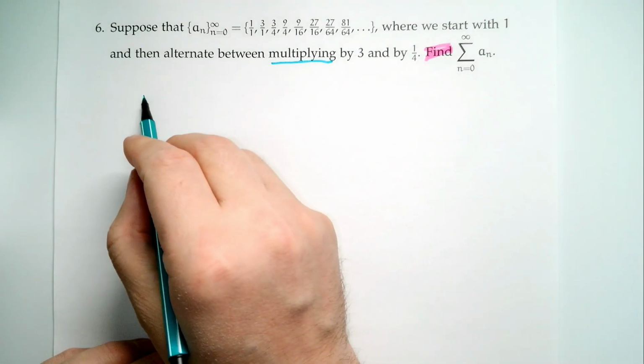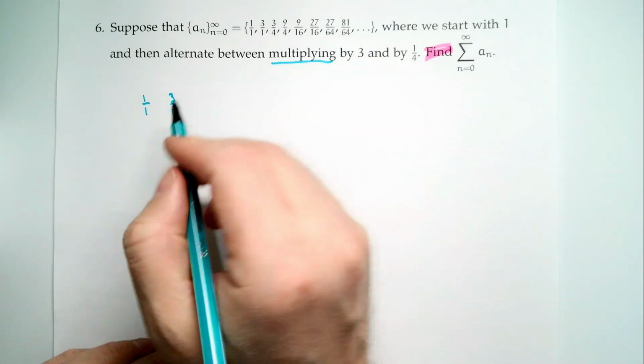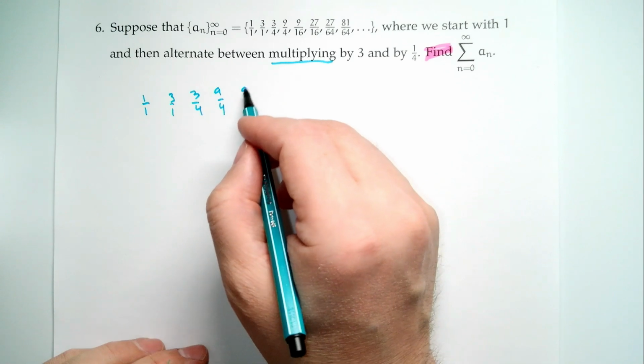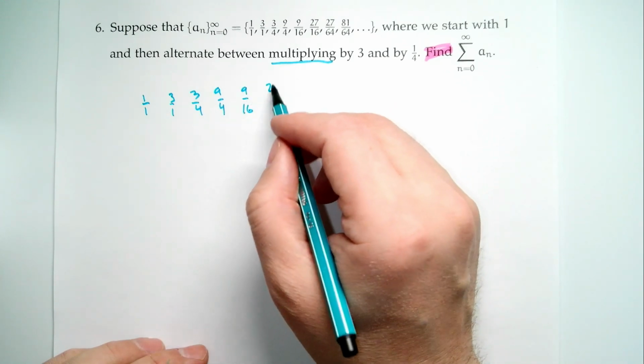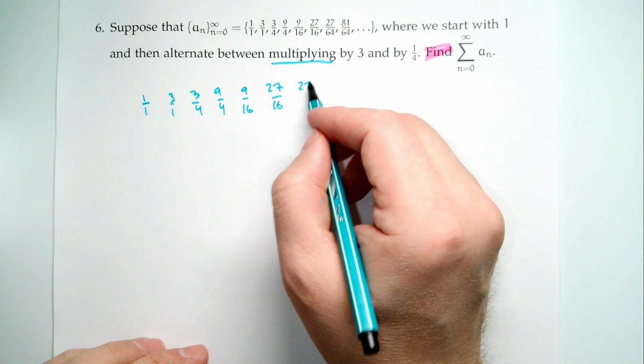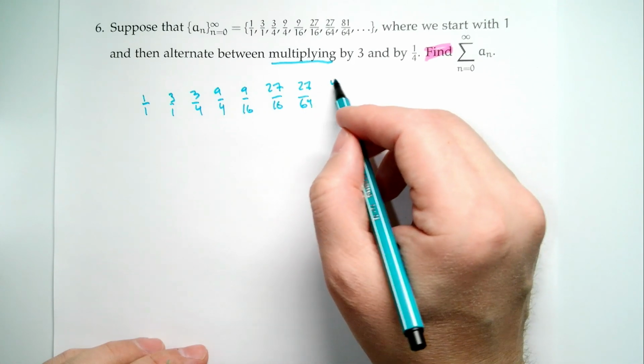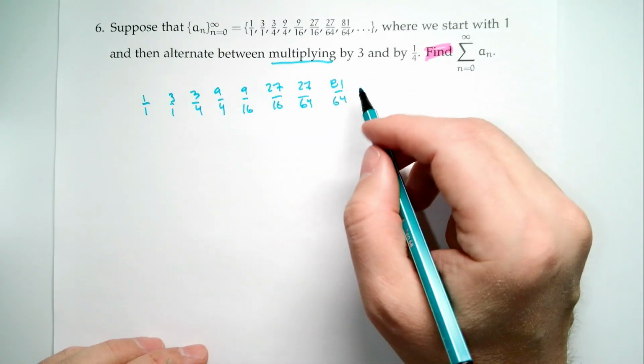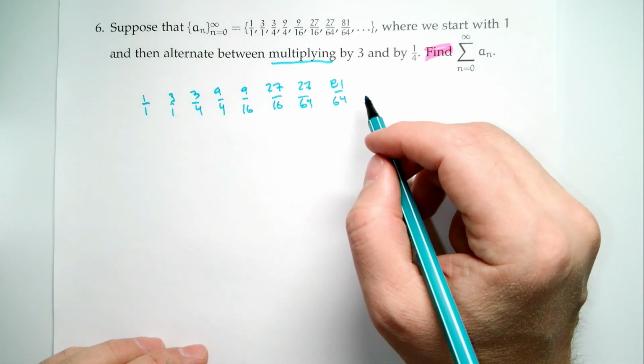So we have 1 over 1, 3 over 1, 3 over 4, 9 over 4, 9 over 16, 27 over 16, 27 over 64, 81 over 64, and let's see, is that enough? We could do another one. Do you know what the next one would be?